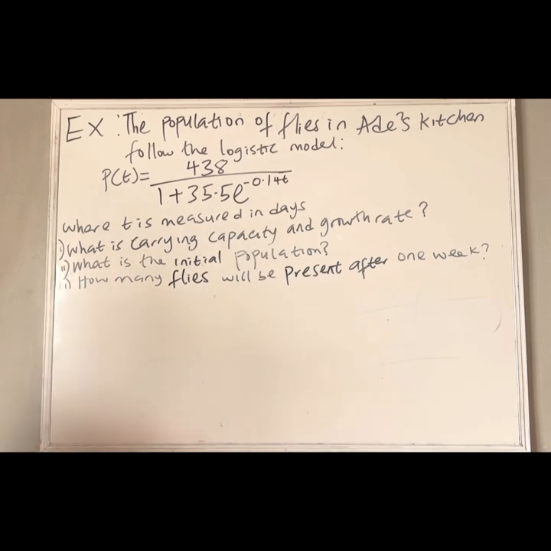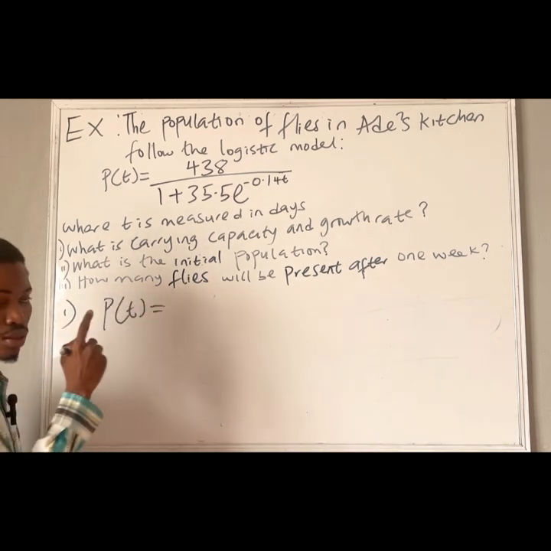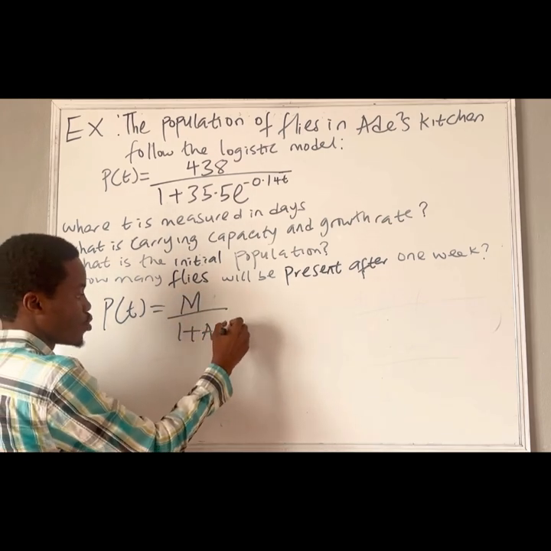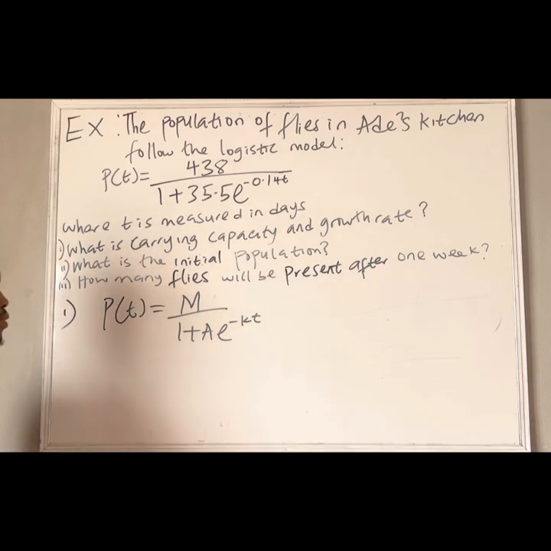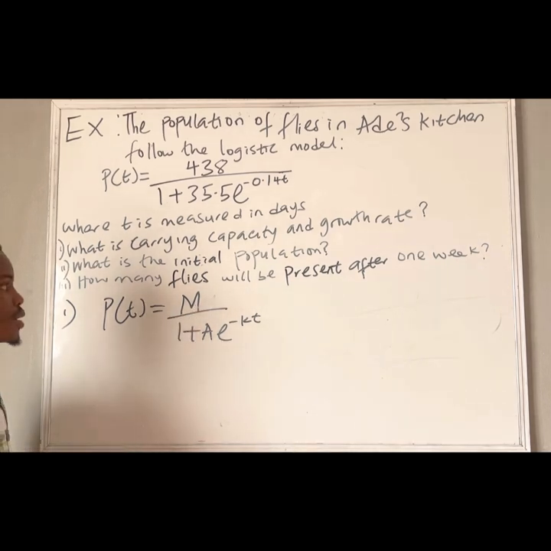We have to find the carrying capacity and growth rate, number one. According to the logistic model formula from my previous lesson on the logistic growth model, P(t) = M / (1 + Ae^(-kt)). In this case, M is our carrying capacity while k is our growth rate.